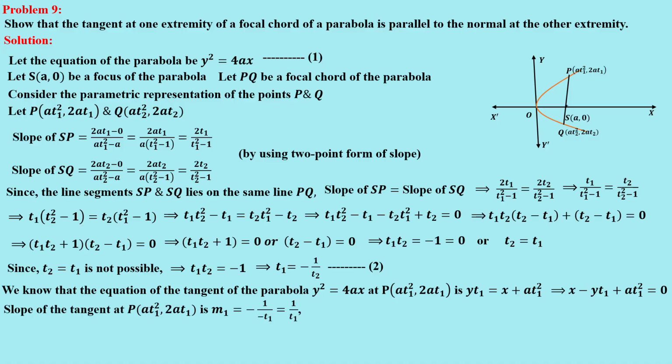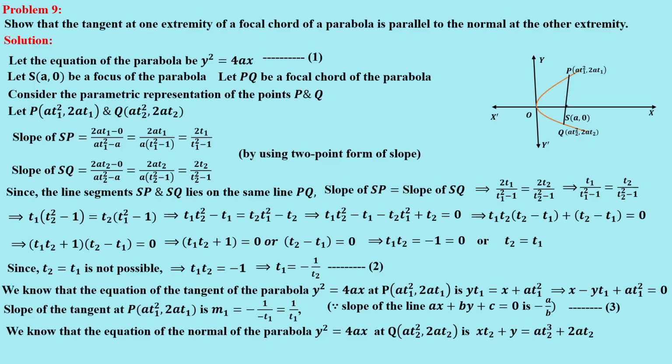So slope of this tangent, let it be m1. We know it is minus coefficient of x term divided by coefficient of y term. In this case, coefficient of x term is 1, coefficient of y term is minus t1. So 1 by t1. That is equation number 3.